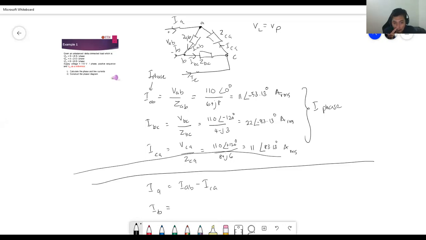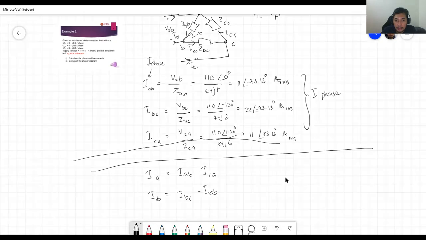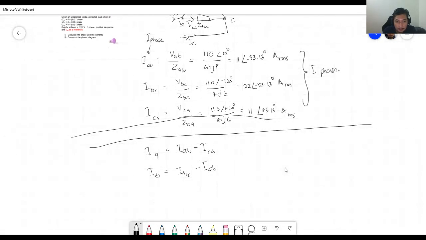IB is equal to IBC minus IAB, and IC is equal to ICA minus IBC. So this is all I line.